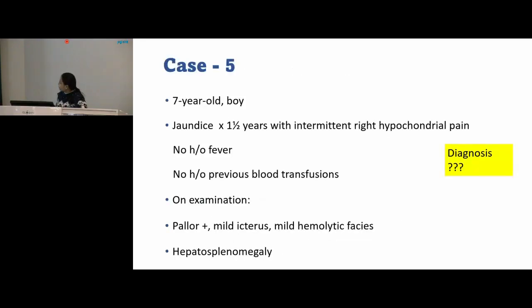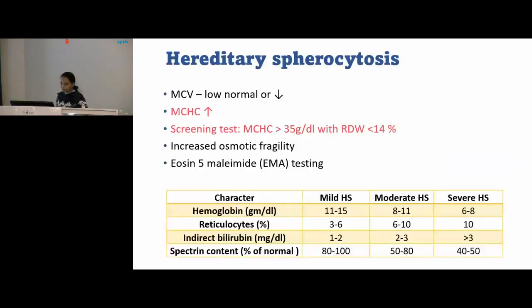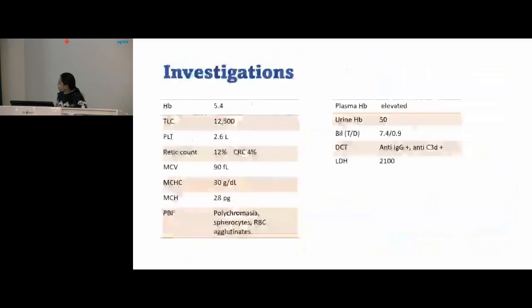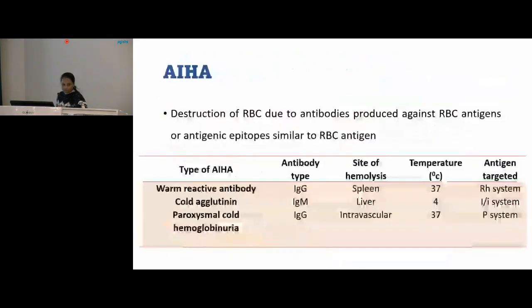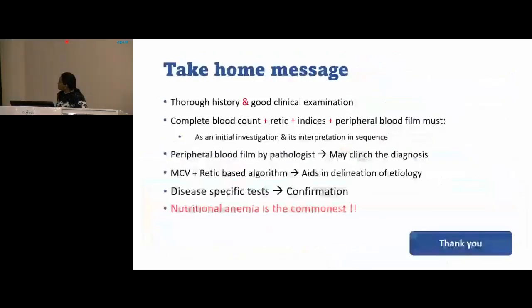So I think we will run through. We've covered the most common causes of anemia. The most important thing is we have seen the algorithms. Most importantly, a thorough history and clinical examination will give you a clue to what you're dealing with, followed by your investigations.